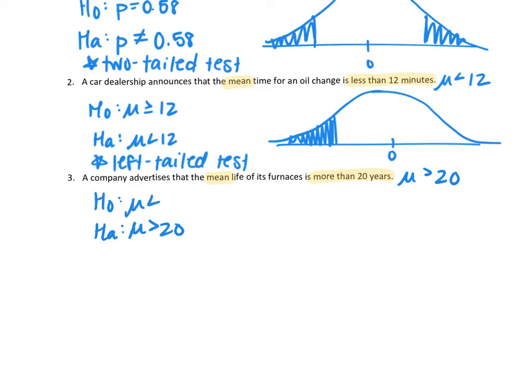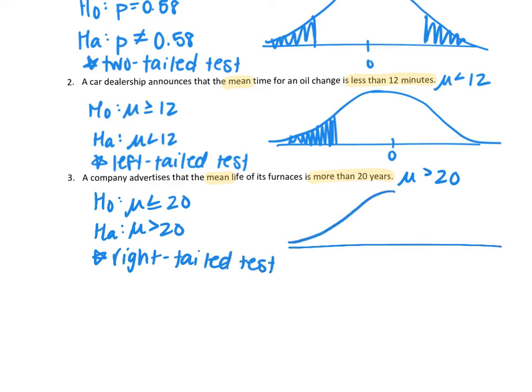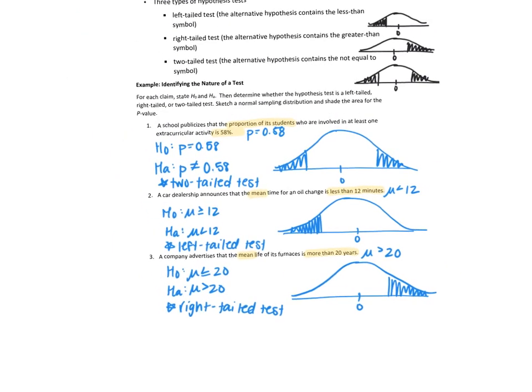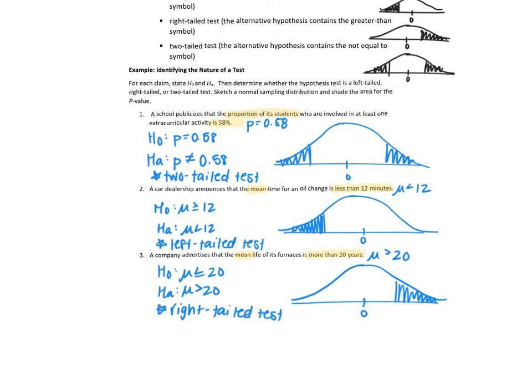Our null hypothesis would be mu less than or equal to 20. Since this is greater than, we have a right-tailed test. Okay? All right, so there we have it, tails of the tests.